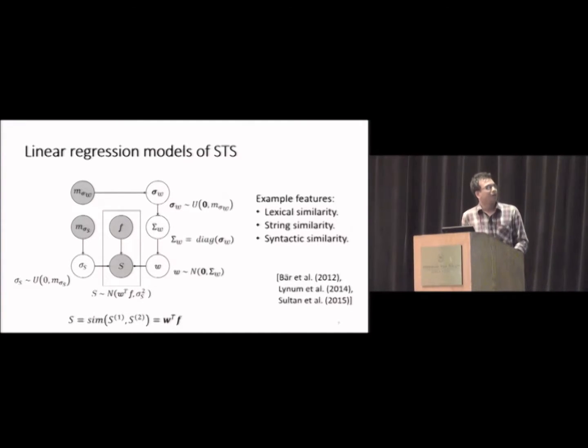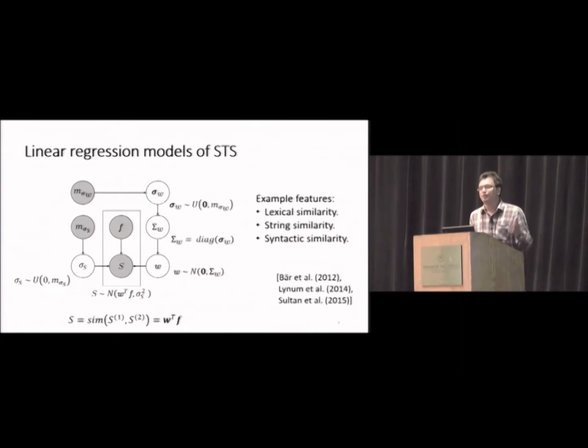This simple architecture has actually been very successful at the SemEval STS task over different years. The features that have been used range from average word similarity between the two sentences to similarities in their syntactic structures and so on.